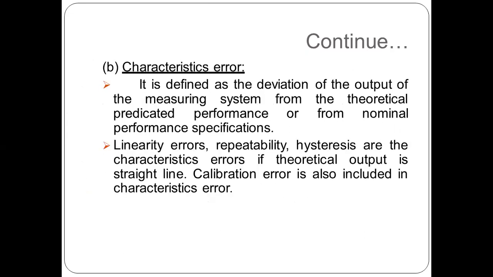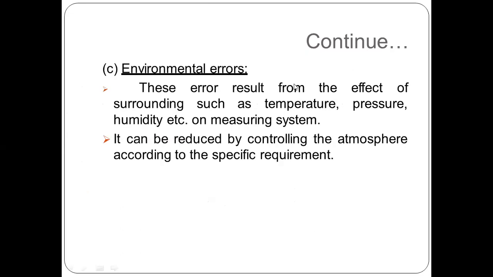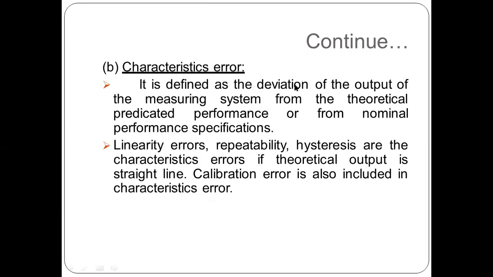Then characteristics error. It is defined as the deviation of the output of the measuring system from theoretical predicted performance or from nominal specifications.